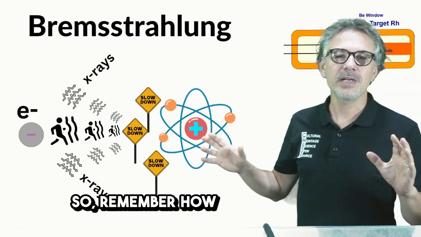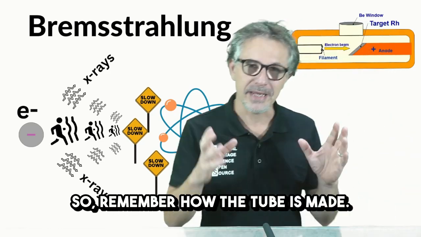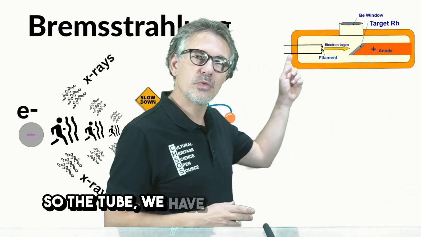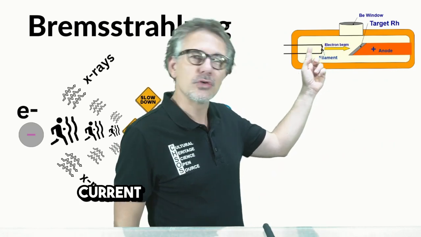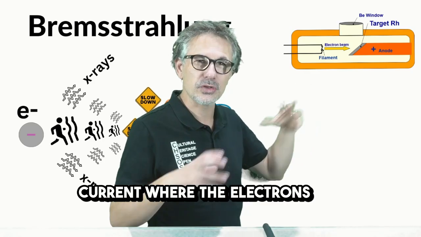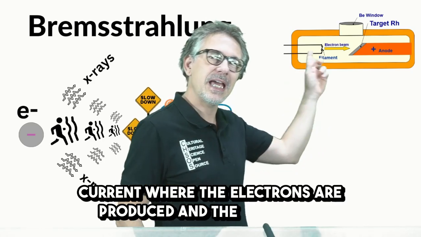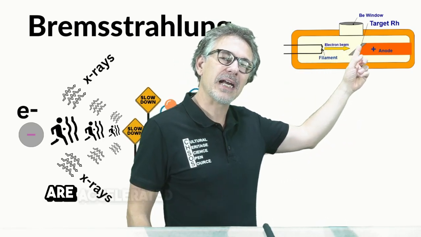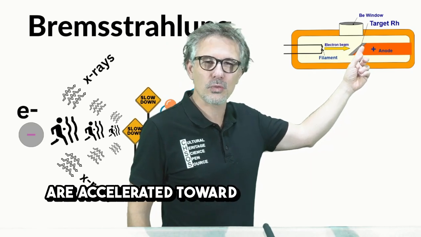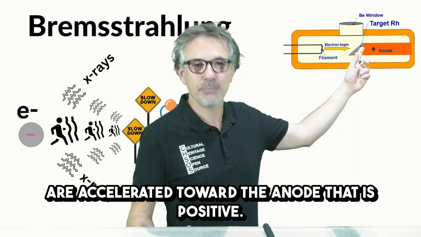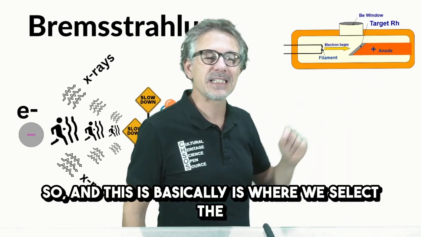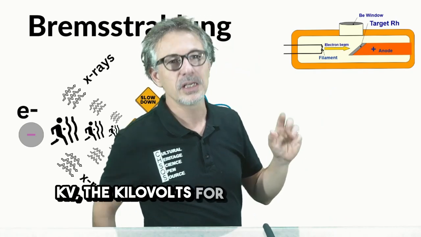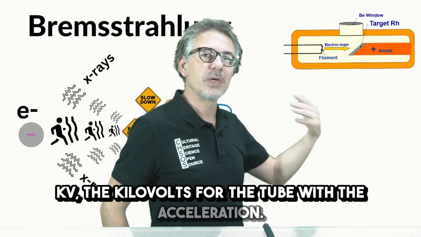So remember how the tube is made. We have this cathode with the current where the electrons are produced, and the electrons are accelerated toward the anode, which is positive. This is basically where we select the keV, the kilovolts for the tube, with the acceleration.